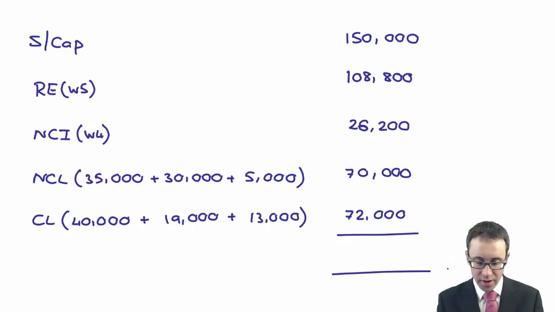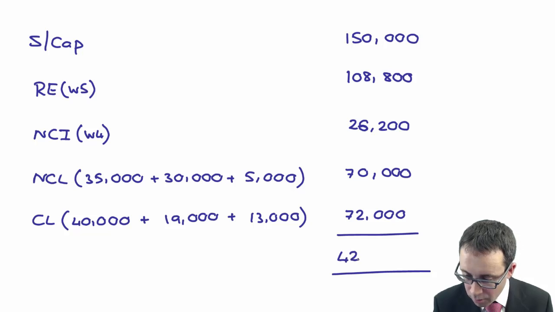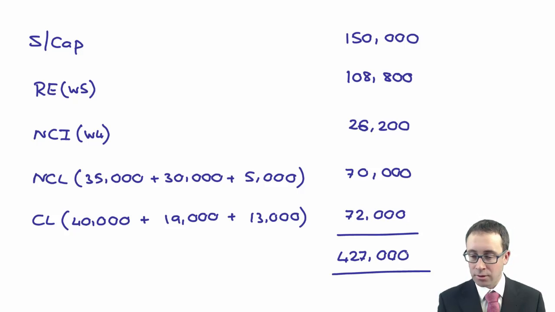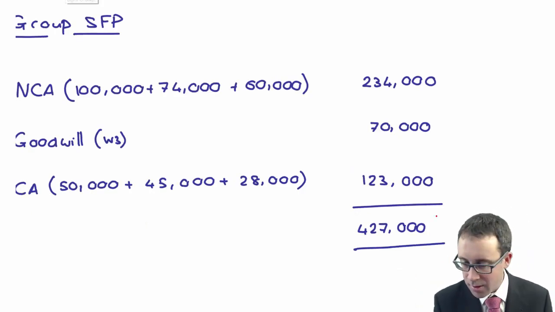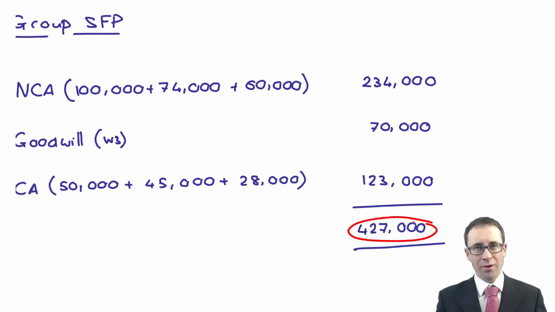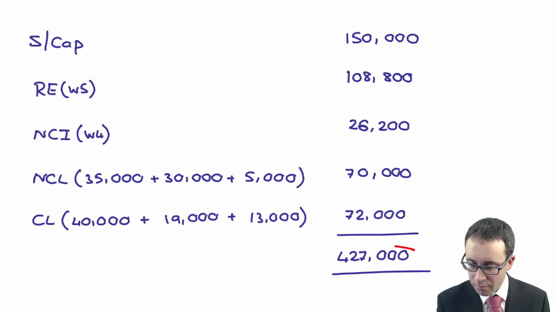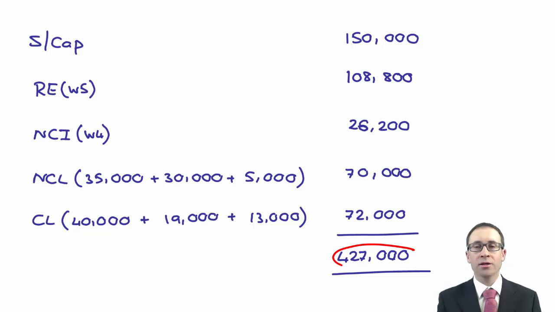If I add it up, 150,000 plus 108,800 plus 26,200 plus 70,000 plus 72,000 gives me 427,000, which, excellent, it balances. So in the exam, you get a nice little warm glow inside you because you've got 427 on the top, 427 on the bottom, and everything works.